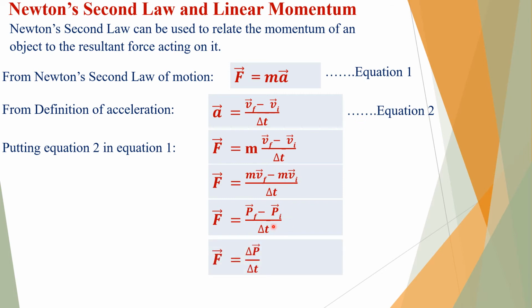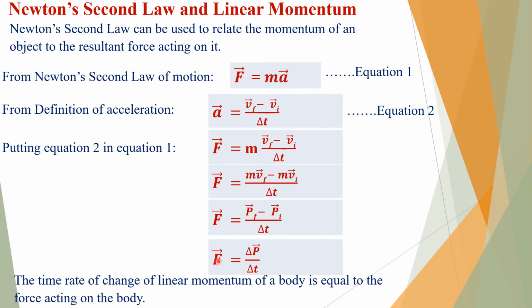Pf minus Pi is the change in momentum, represented by delta P, and we get force F is equal to delta P divided by delta t. The time rate of change of linear momentum of a body is equal to the force acting on the body.